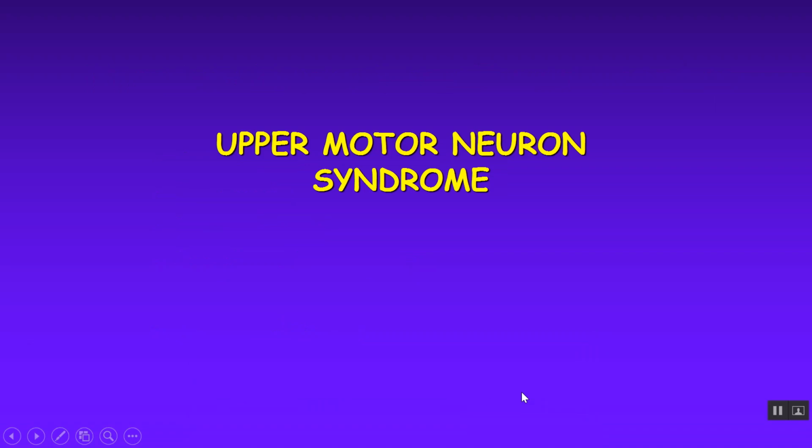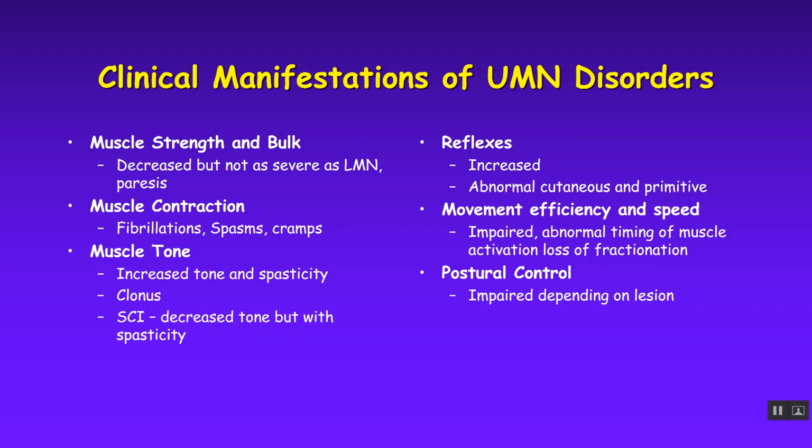Upper motor neuron syndrome. Upper motor neuron clinical manifestations are a little different. Muscle strength and bulk are decreased but not as severe as lower motor neuron, because usually you haven't wiped out everything. Usually you've damaged some of the tract in the cerebrum, brainstem, or spinal cord, but they often have some ability to move the limb. You haven't damaged that final common pathway. You still have the lower motor neuron.